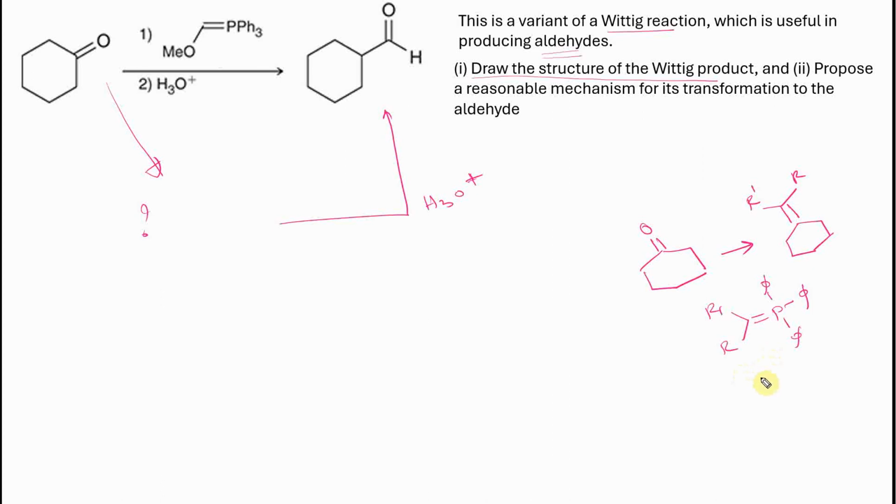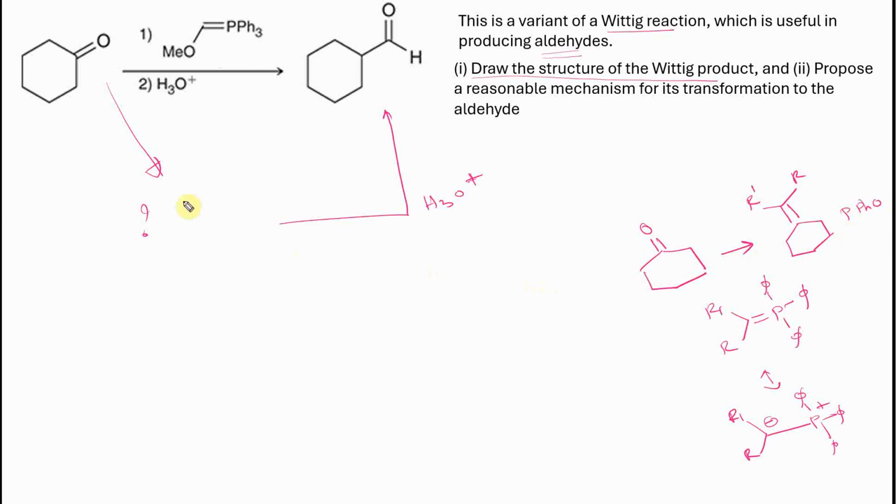And also you have seen in the classroom that the Wittig can also be written in a zwitterionic form like that. So both are equally correct. And the byproduct is going to be triphenylphosphine oxide, as you know.